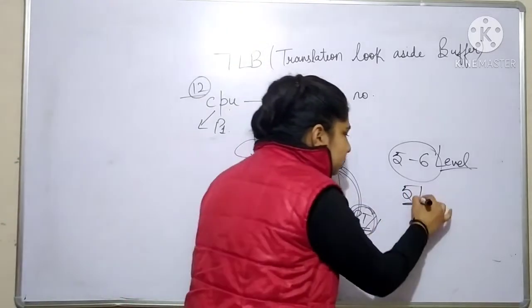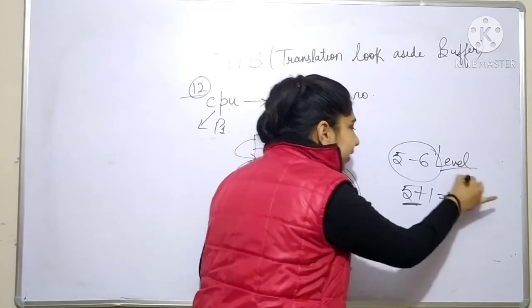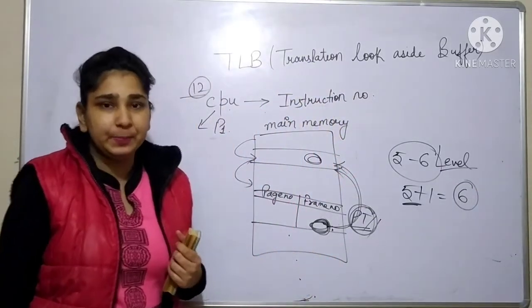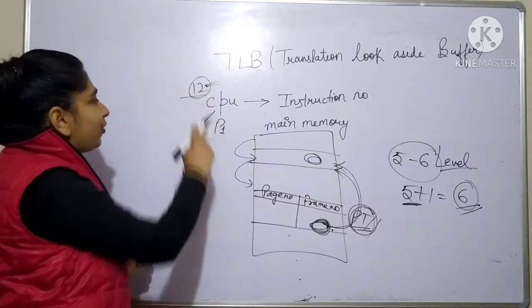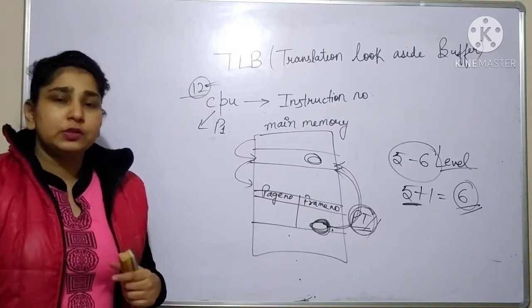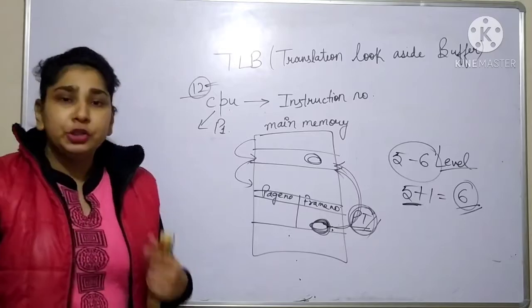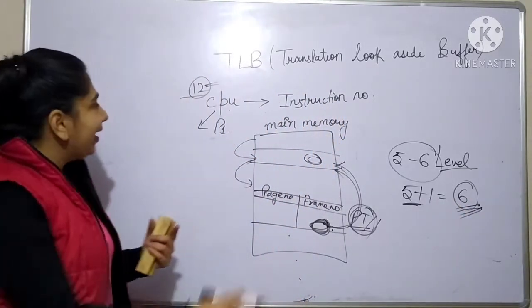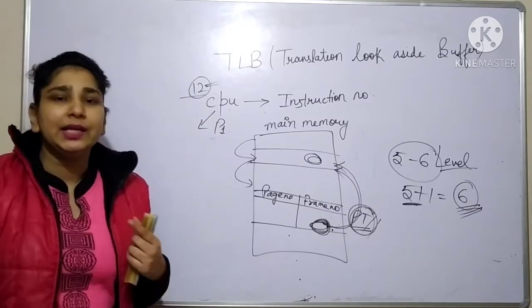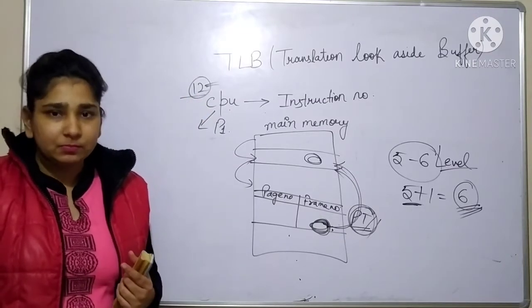So 5 plus 1, that is 6 main memory accesses are required. If your CPU needs instruction 12 again and again, then each and every time you need to access main memory 6 times to get the same instruction.